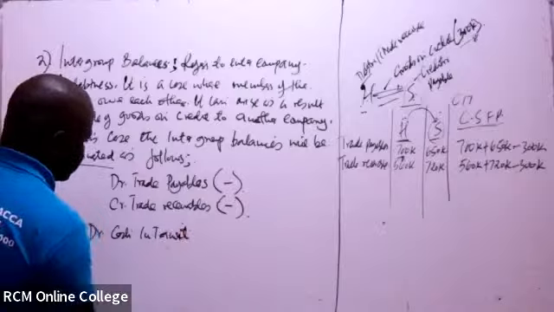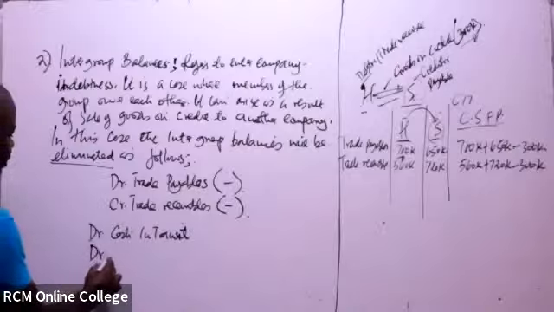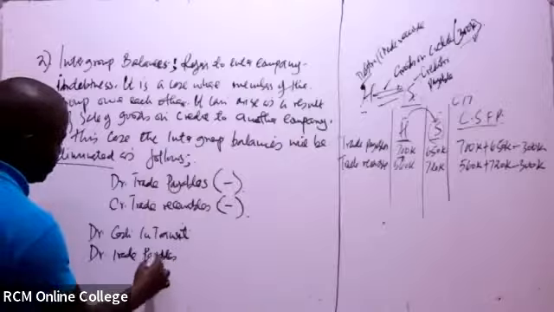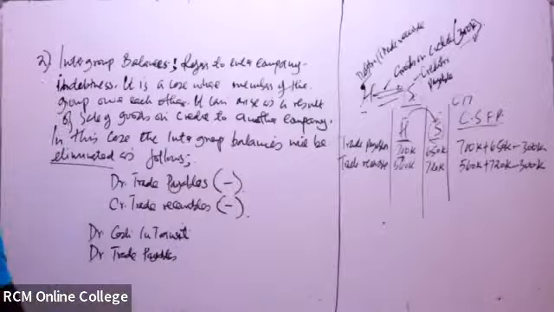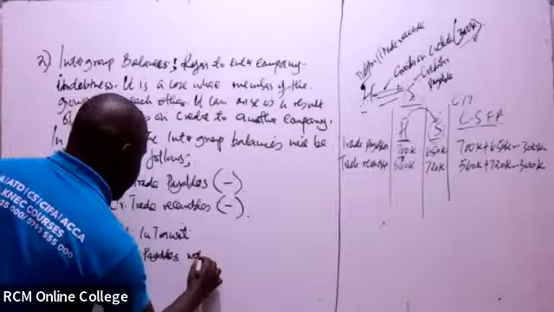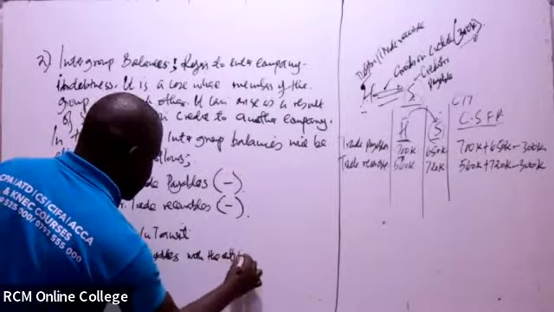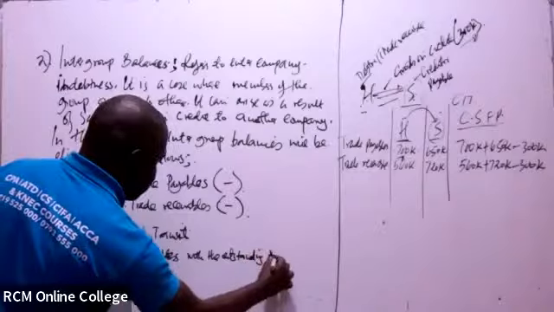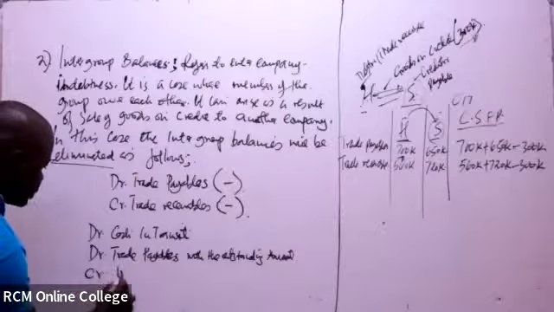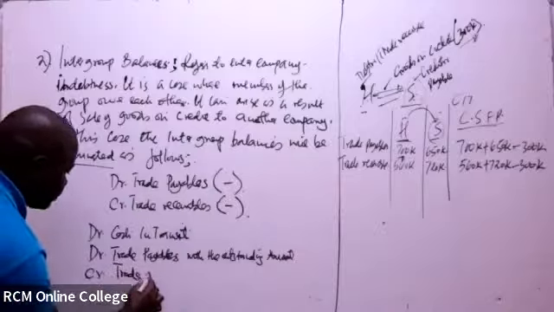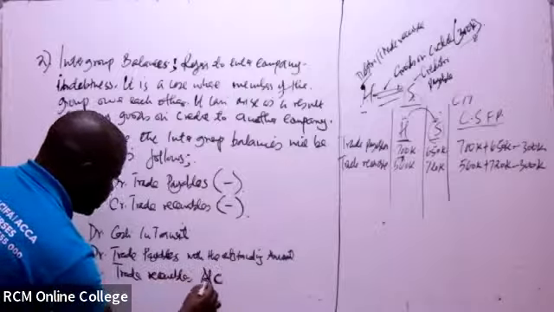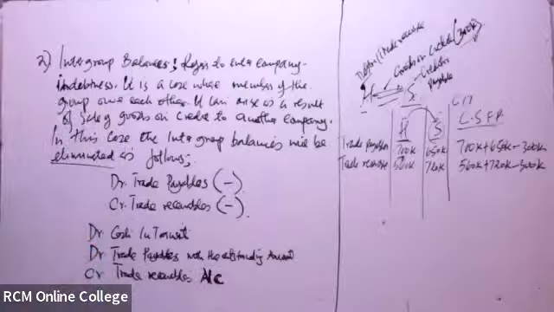Then you also debit the trade payables with the outstanding amount, the amount that is still owing. Then you credit the trade receivables account.